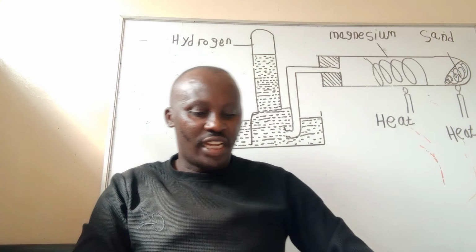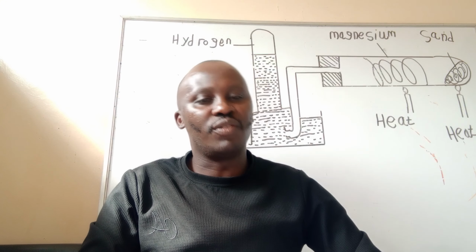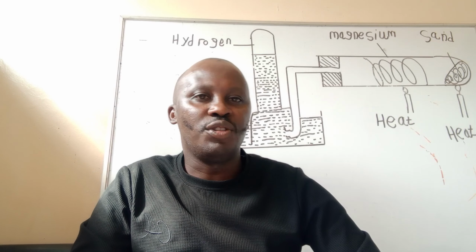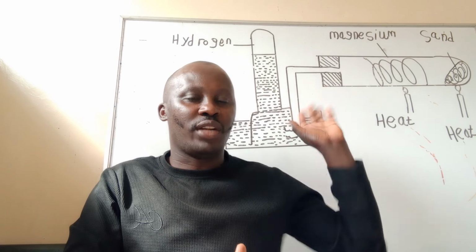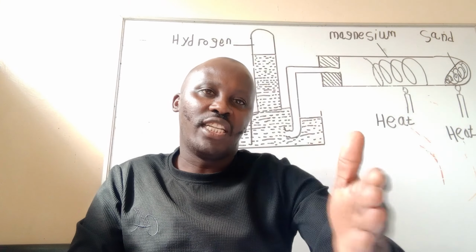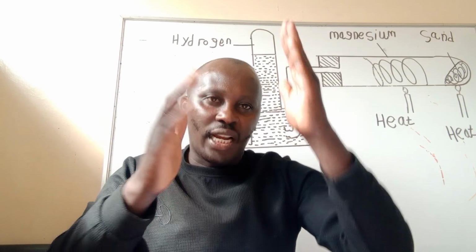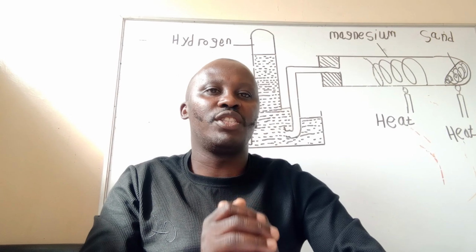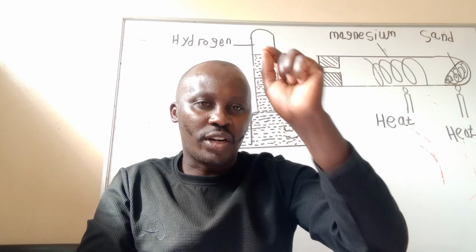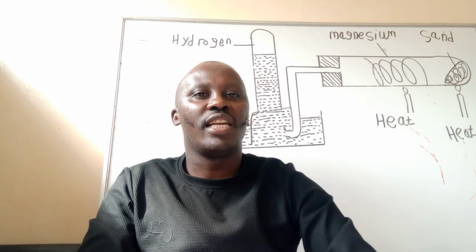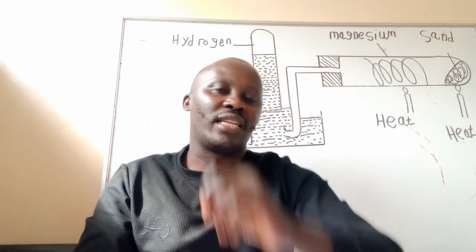The other question is to write an equation for the reaction that takes place. I will not be able to write the equation on this screen here. When you are writing, you must use the correct chemical symbols, and the equation must be balanced.